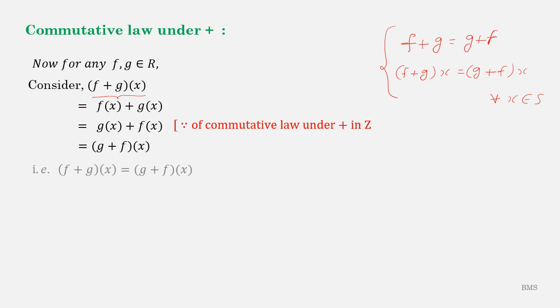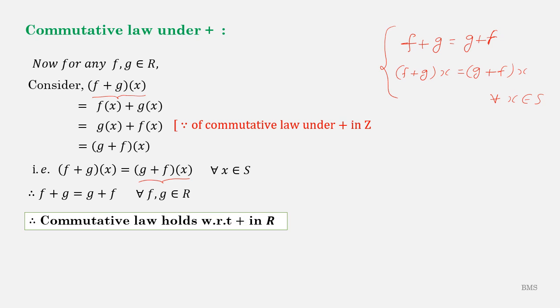So, what we have claimed? (f plus g)(x) is equal to (g plus f)(x). This is for all x belongs to S. Therefore, f plus g is equal to g plus f. This is nothing but commutative law. Therefore, commutative law holds in R with respect to plus. So, because of these properties, we claim R is an abelian group under addition.